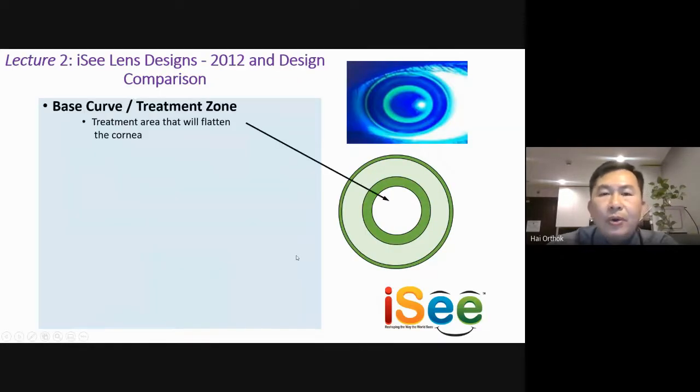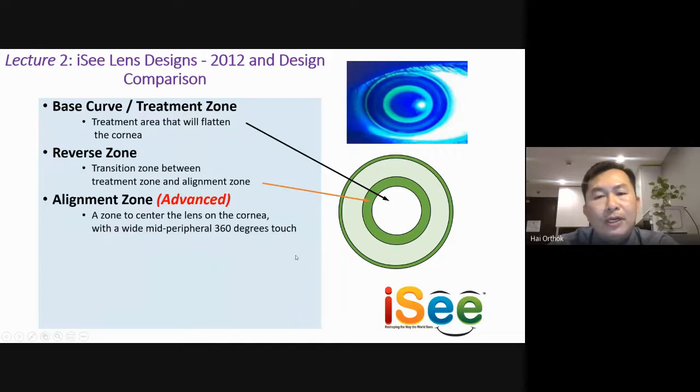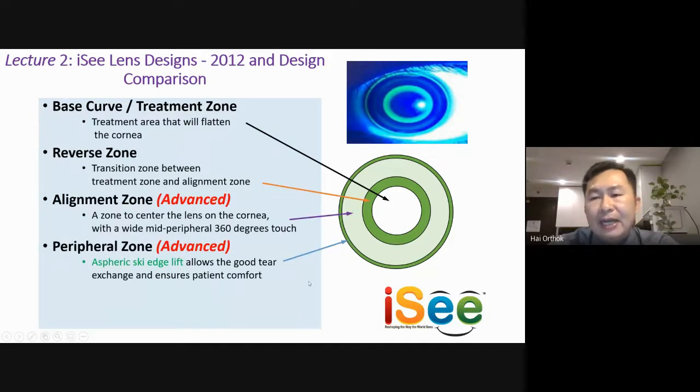Similarly, the Fargo in 2012 was upgraded to the IC lens, and we see right here we changed the IC lens with a very thin tear between the first and the second alignment curve. This thin tear is very important. It provides the tear channel to be provided equally on the lens, and it helps to provide more tear exchange under the lens.